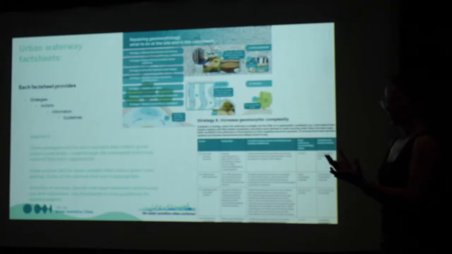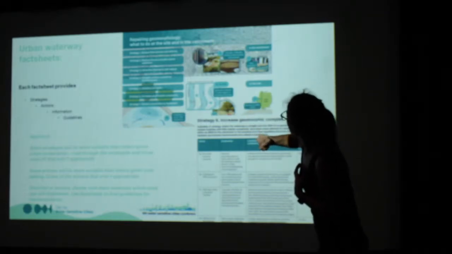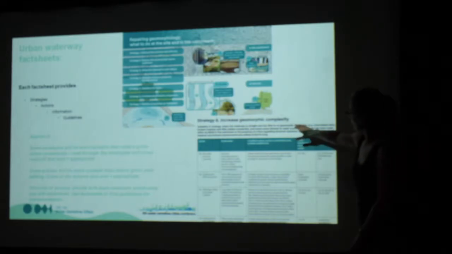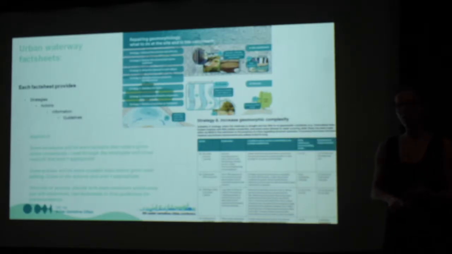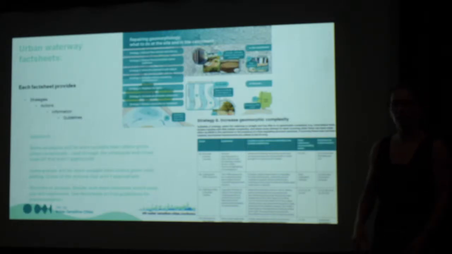So you read all the different strategies that you could do. Say, reduce flow volume and velocity, okay. And then you read the text and it will tell you when that strategy is most appropriate. So maybe it's not appropriate in your setting. You could go through all these strategies and cross off the ones that you think aren't relevant or there's no way you're going to be able to do them.